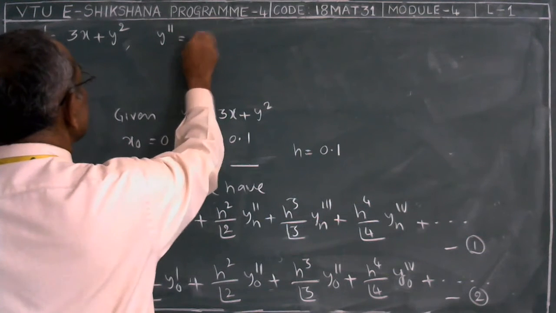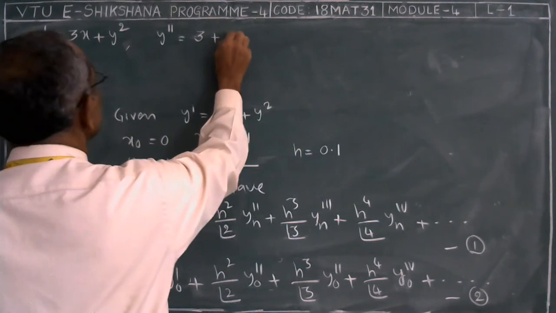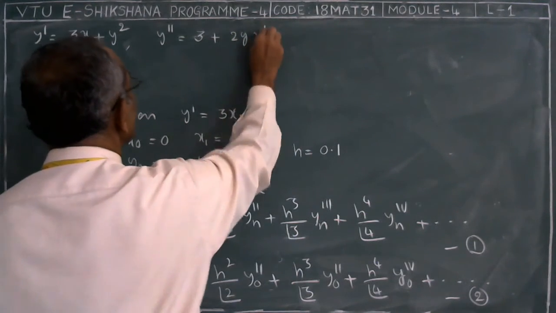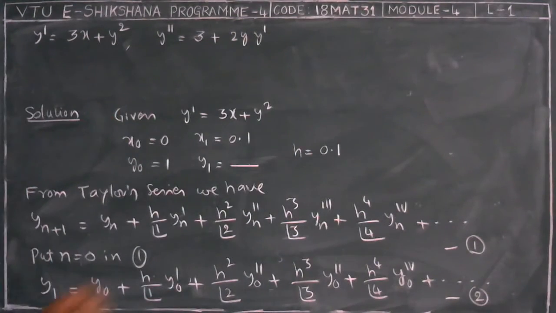So differentiation of y², 3 into 1 is 3, plus 2 into y into y dash, right?